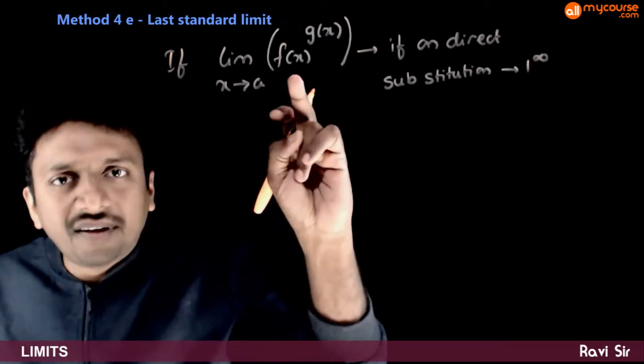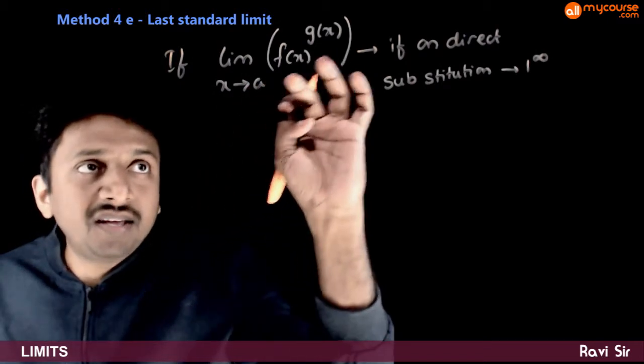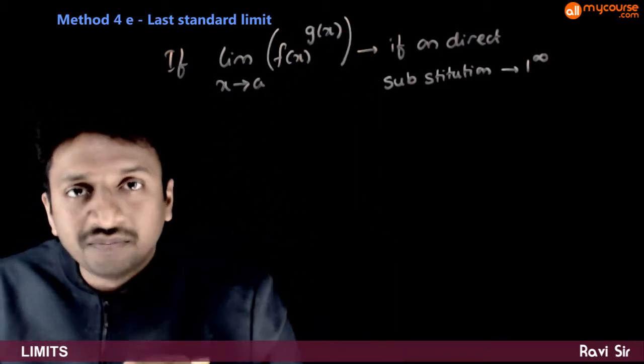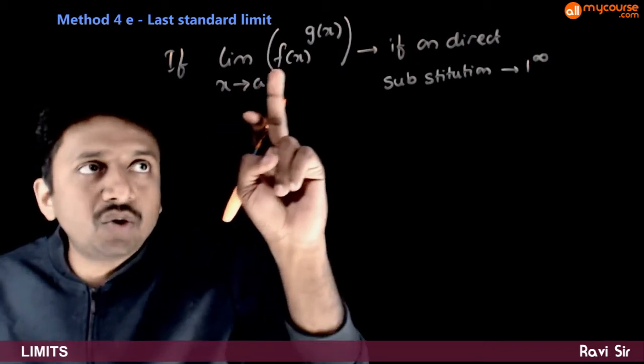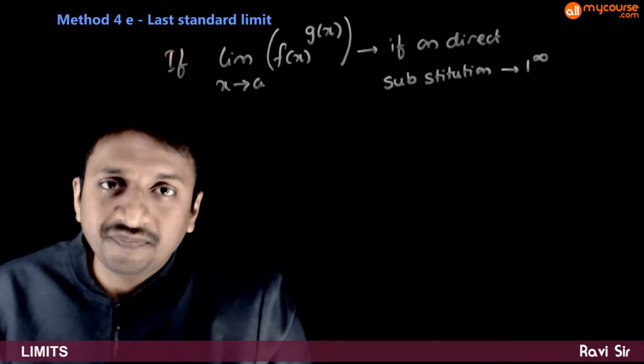So if you have f(x) power g(x), and as x tends to a, if you put x is equal to a, you get 1 power infinity form, that is as x tends to a, f(x) tends to 1 and g(x) tends to infinity.